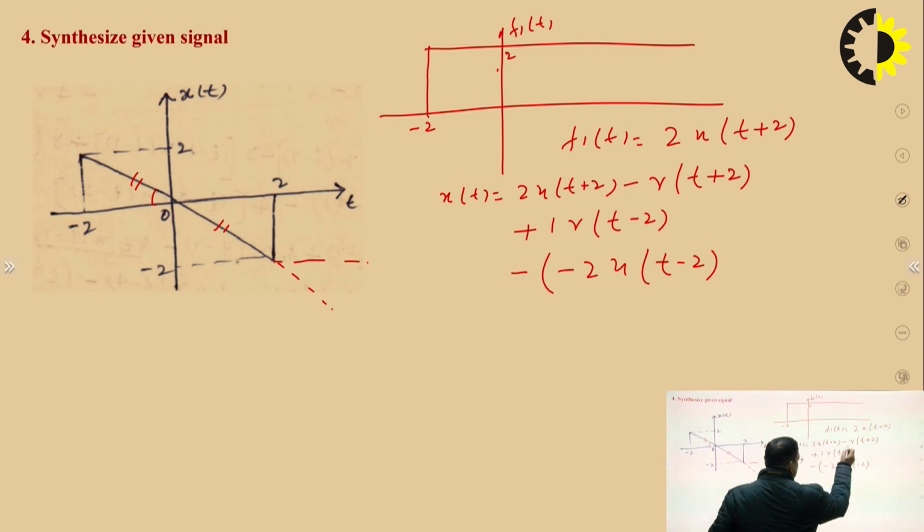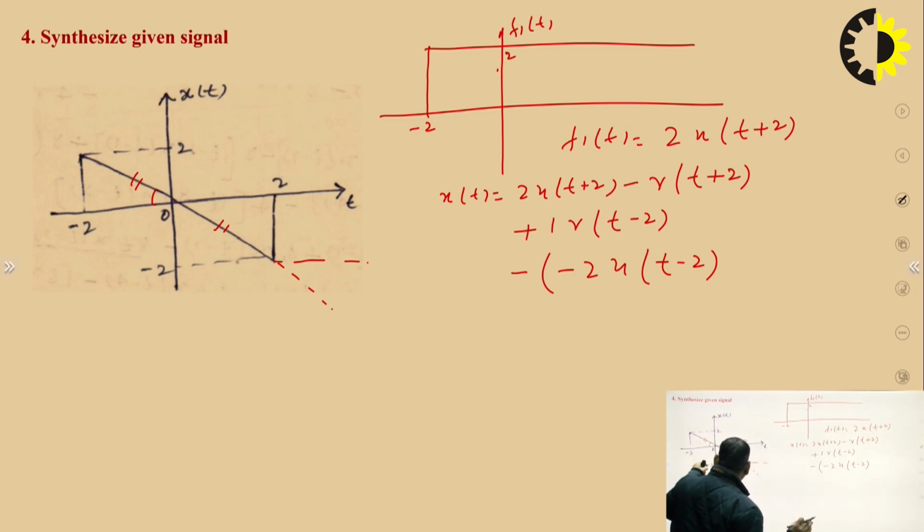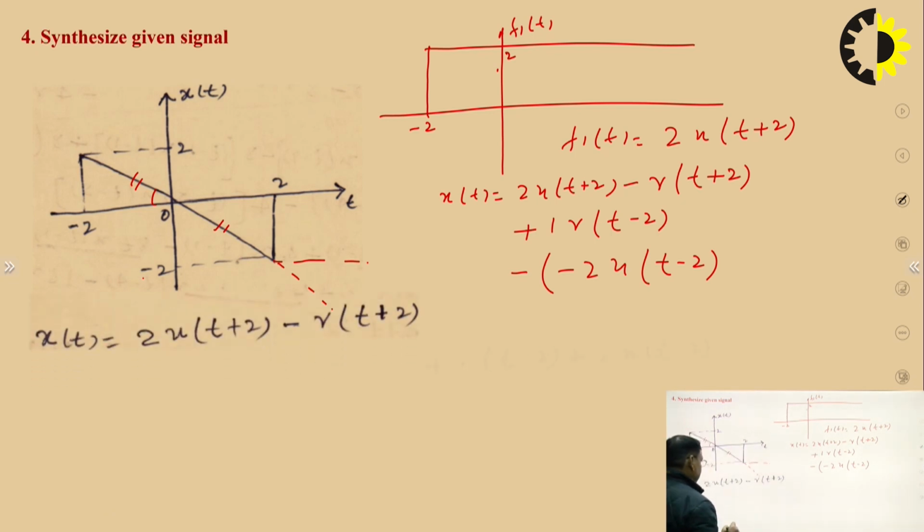This is minus 1, so it is plus 1, r(t-2). So the line becomes horizontal and the slope becomes 0. Then minus this and this, we can see that the magnitude is -2. So finally we can write this one.